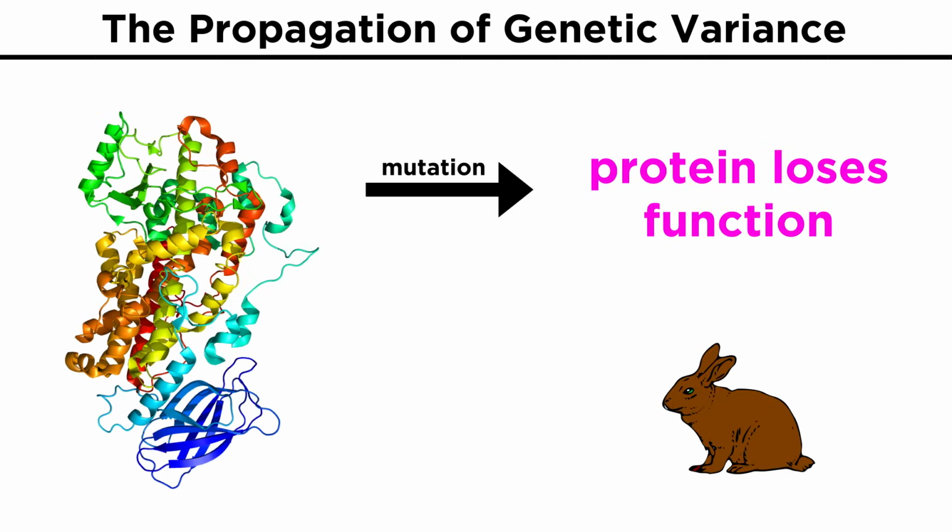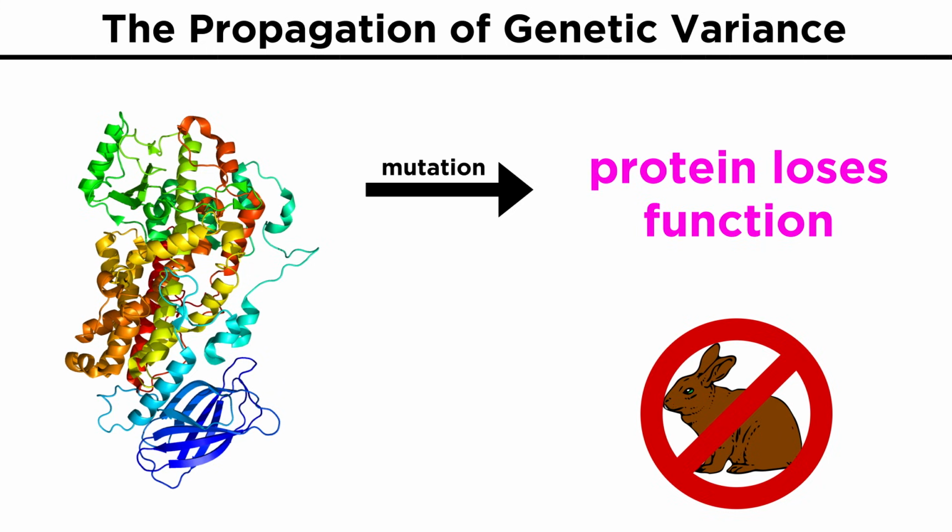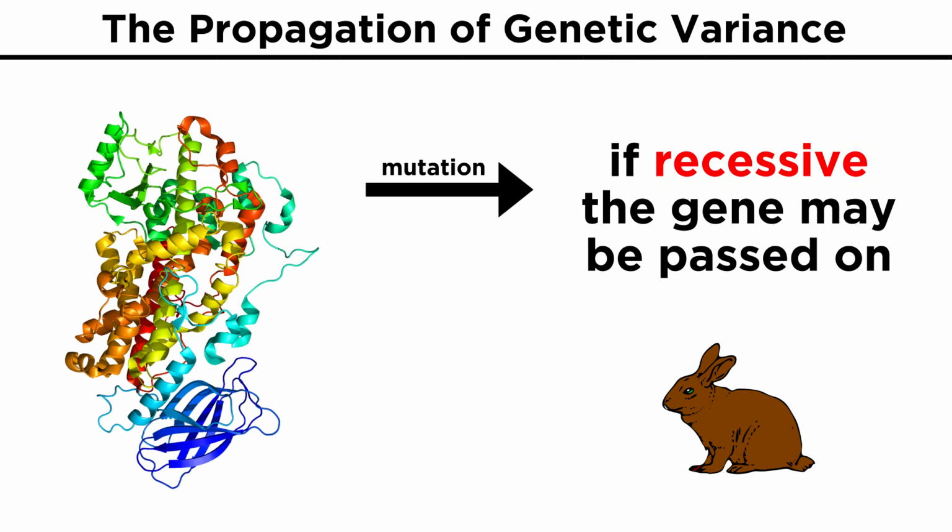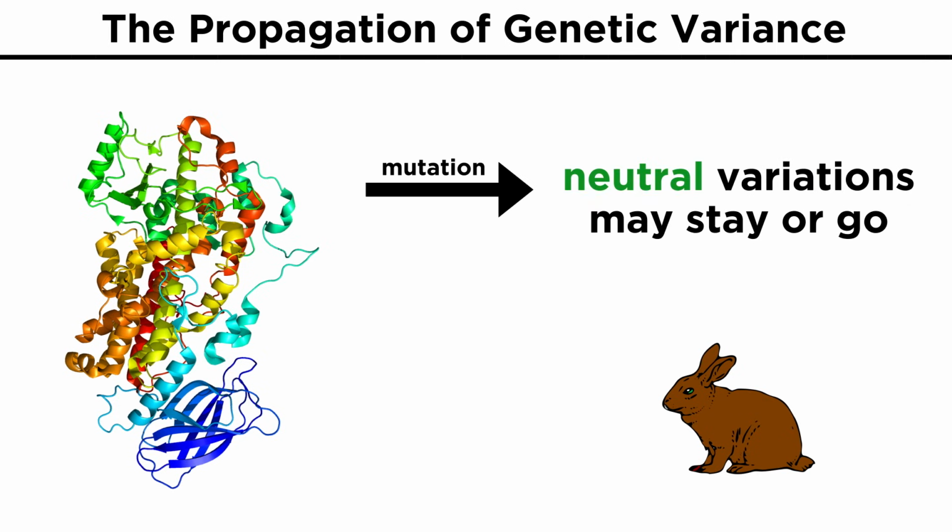Typically, this will result in a less effective protein and will therefore be harmful to the organism. If this is the case, the new allele will be removed by natural selection, unless it is recessive, in which case it may proliferate, which is why there are so many genetic diseases that stem from recessive alleles. But some mutations result in neutral variation, where the change doesn't give the organism an advantage or disadvantage.